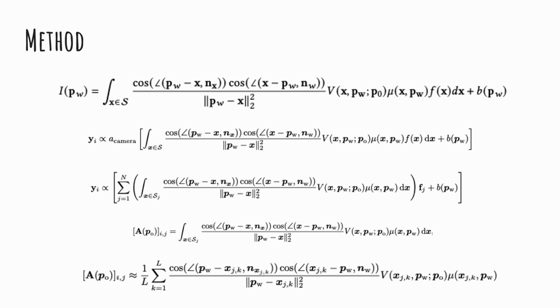The V term here is the visibility, so it represents whether or not X and PW can see each other given the position of the occluder P0. And mu here is a radiometric model of the monitor that is viewing angle dependent, and F is the thing that we're trying to reconstruct, and B here represents the ambient irradiance that can be seen at PW, but is not part of the hidden scene.